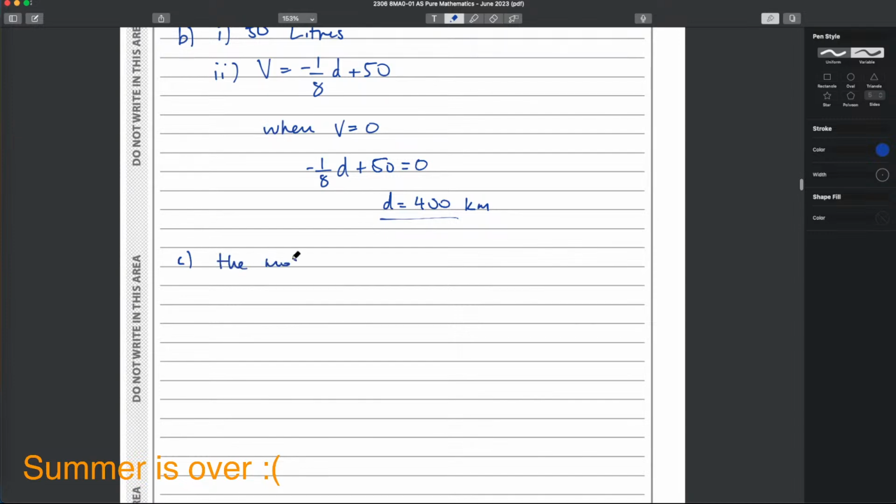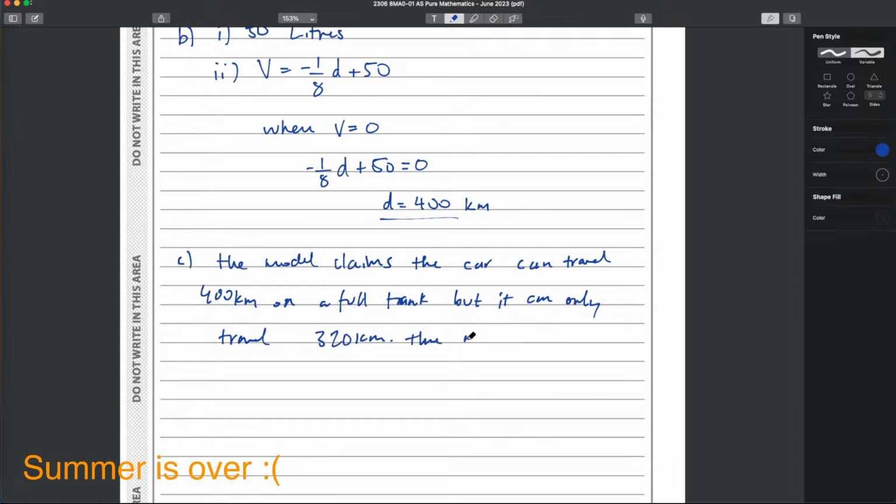The model claims the car can travel 400 kilometers on a full tank, but it can only travel 320 kilometers.